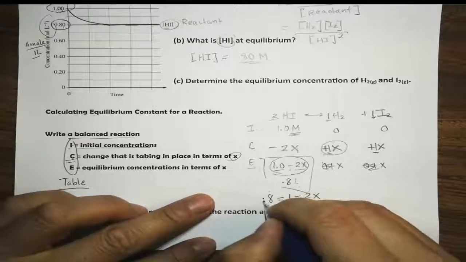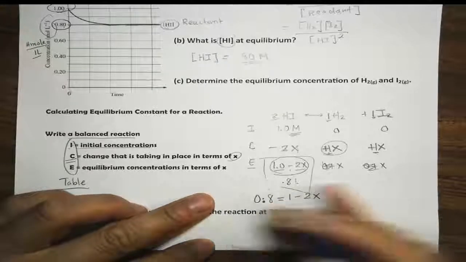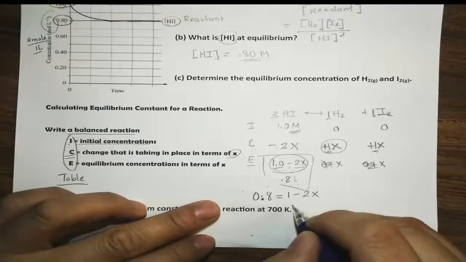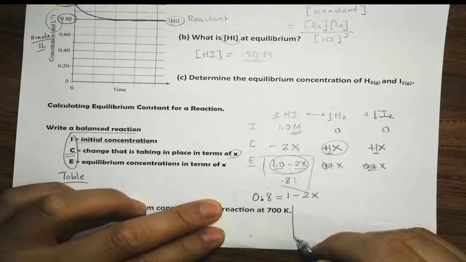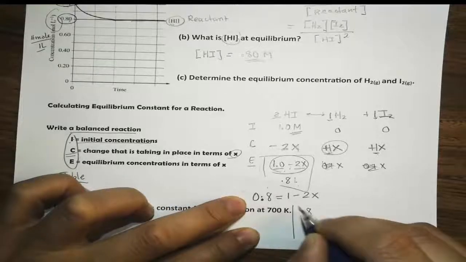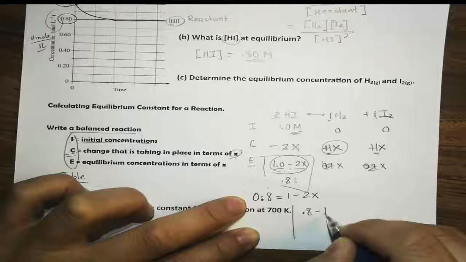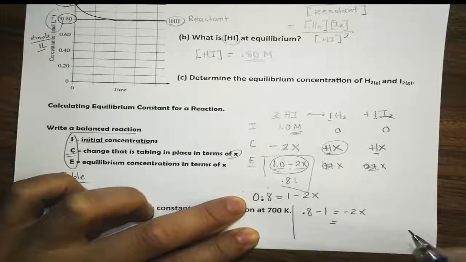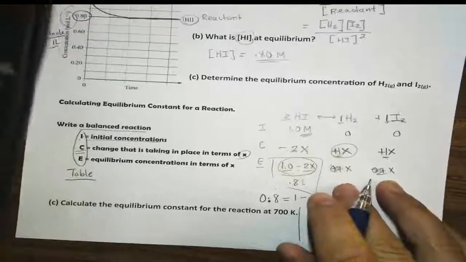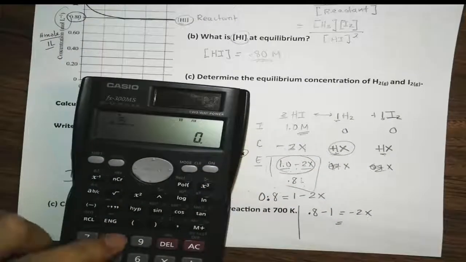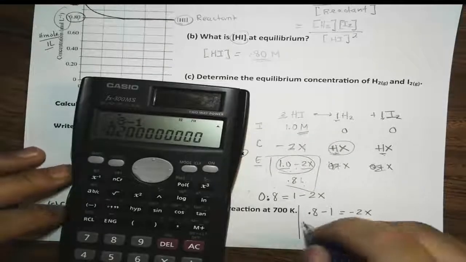Now can you solve for x? That's pretty easy. You just bring it over here and solve for x. Well, let me do the math for you just because you struggle with it. So what we have here is 0.8. We bring over, you have minus 1 equal to negative 2x, okay? Let's do the math. I want to show you on a calculator so you can do it later on. 0.8 minus 1 equals what?